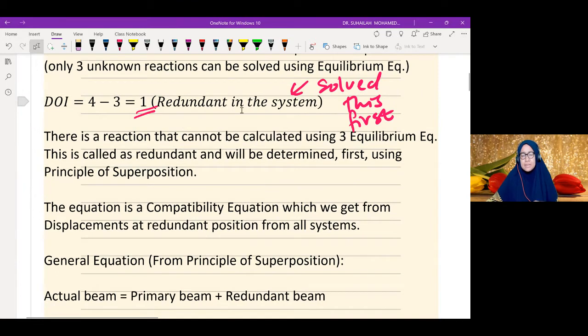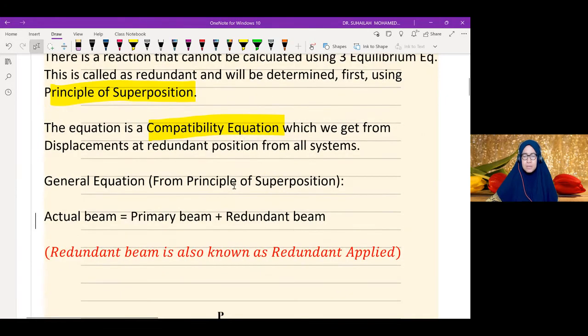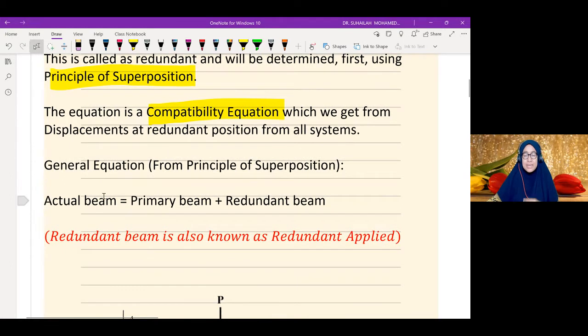This redundant has to be determined by using what we call the compatibility equation. It comes from the principle of superposition. Using the principle of superposition, we get the equation: actual beam is equal to primary beam plus redundant beam.